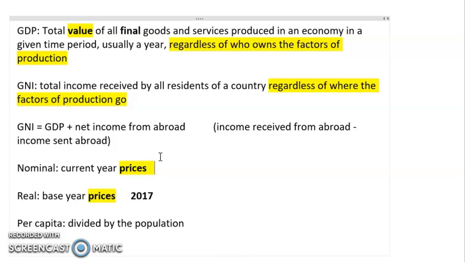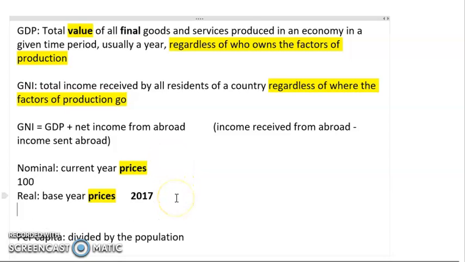Alright, so let's do an example. Actually, I'll make it more concrete that way. Let's say the 2021 price was $100 for the car, and in 2017 it was $200.